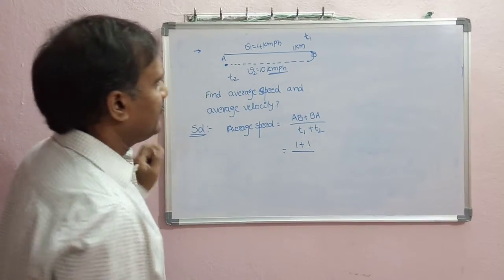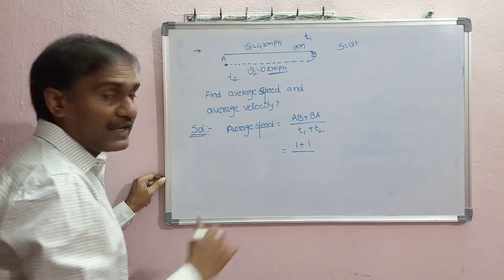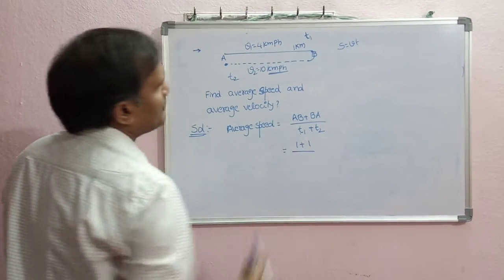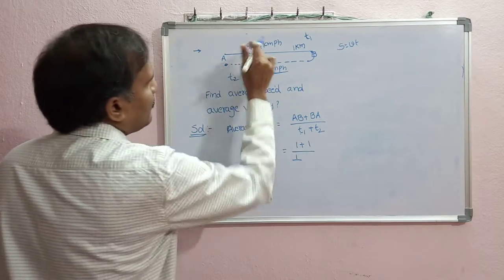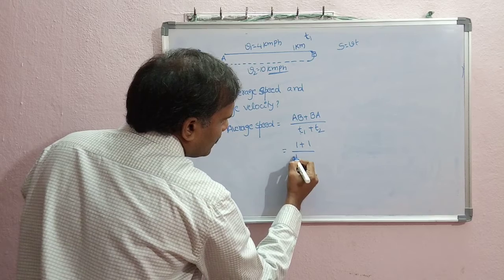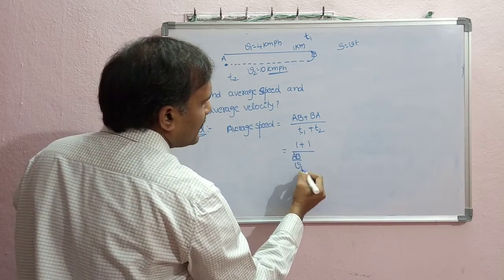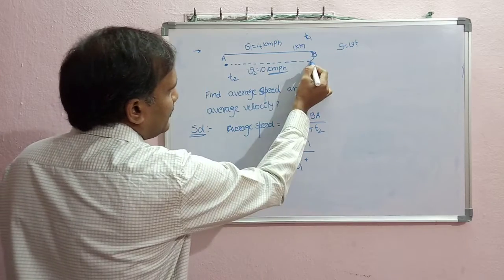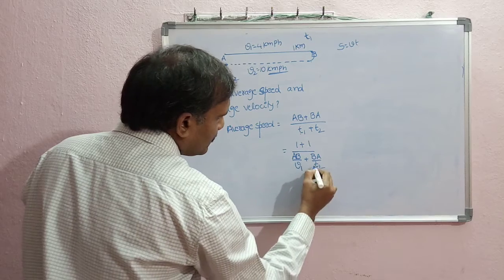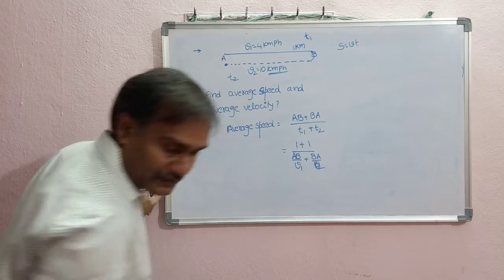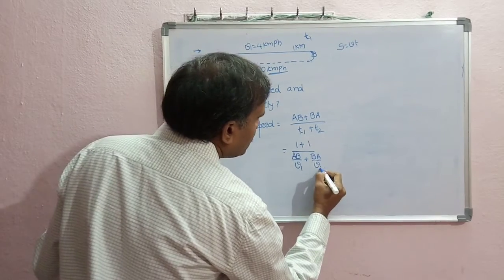Divided by, already we know that S is equal to V into T. Therefore, T becomes S by V. Therefore, T1 becomes S, which is 1 kilometer, divided by V1. T1 is AB divided by V1, plus T2, which is BA divided by V2.